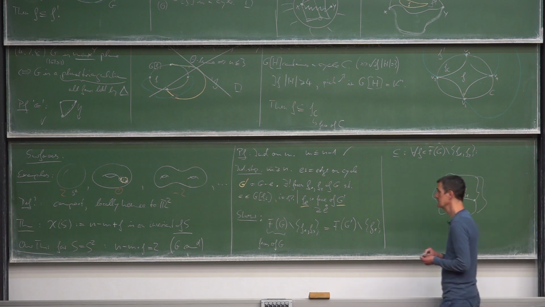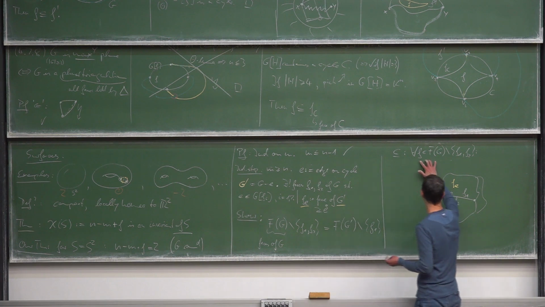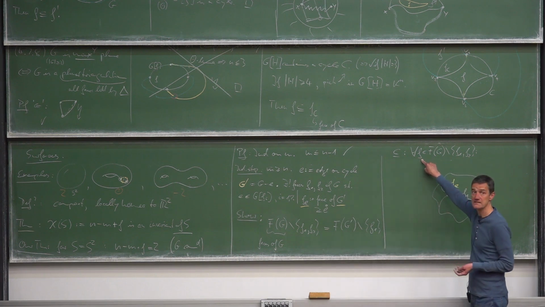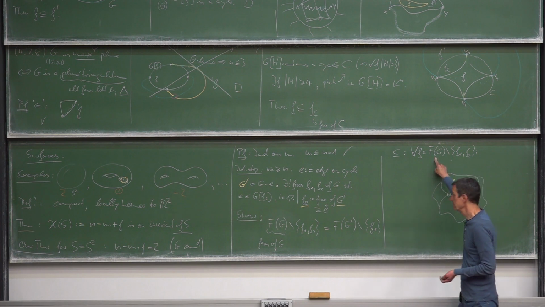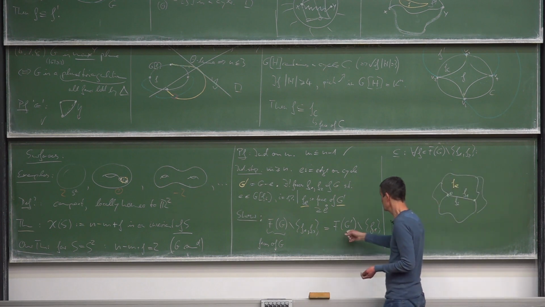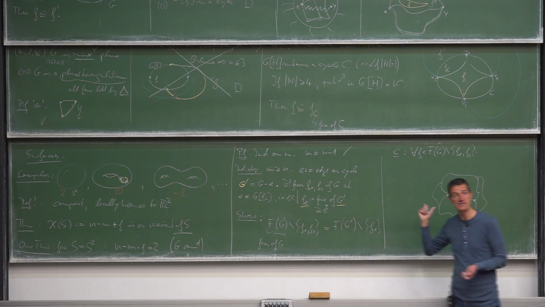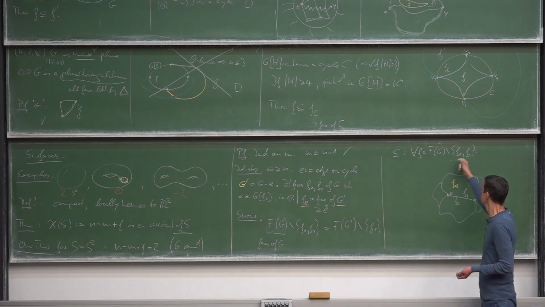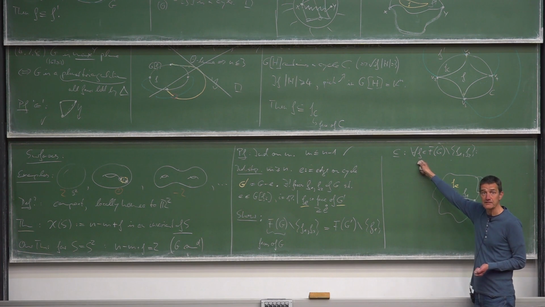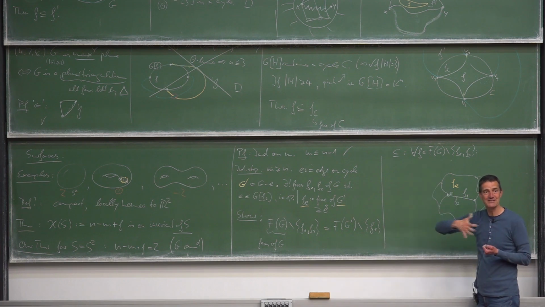Why is that? We know the boundary of this lies entirely in G because it's a face of G. But G has more points than G prime, namely it also has this edge E. But the boundary of F not only doesn't contain E, it doesn't even hit E in a single point. That's by this lemma which I paraphrased as saying the boundary of a face isn't half an edge.